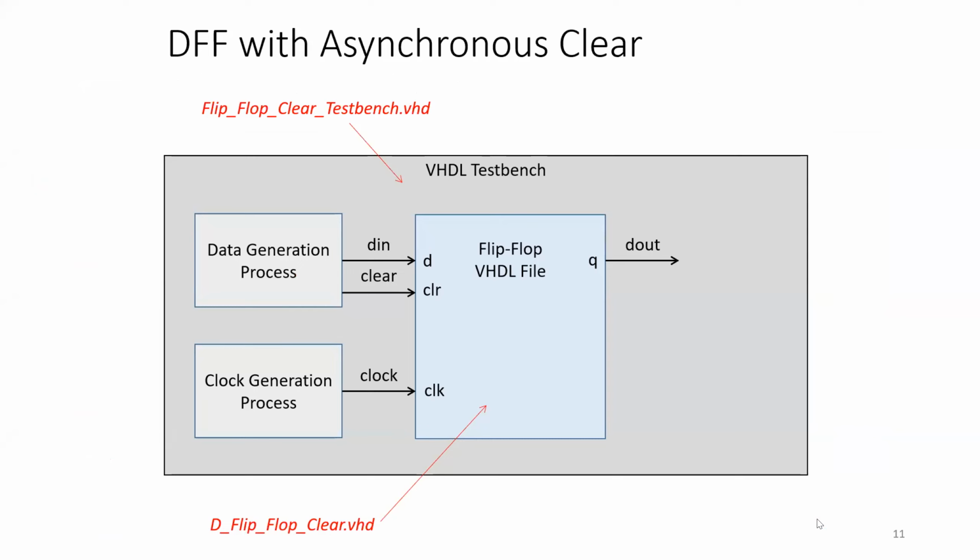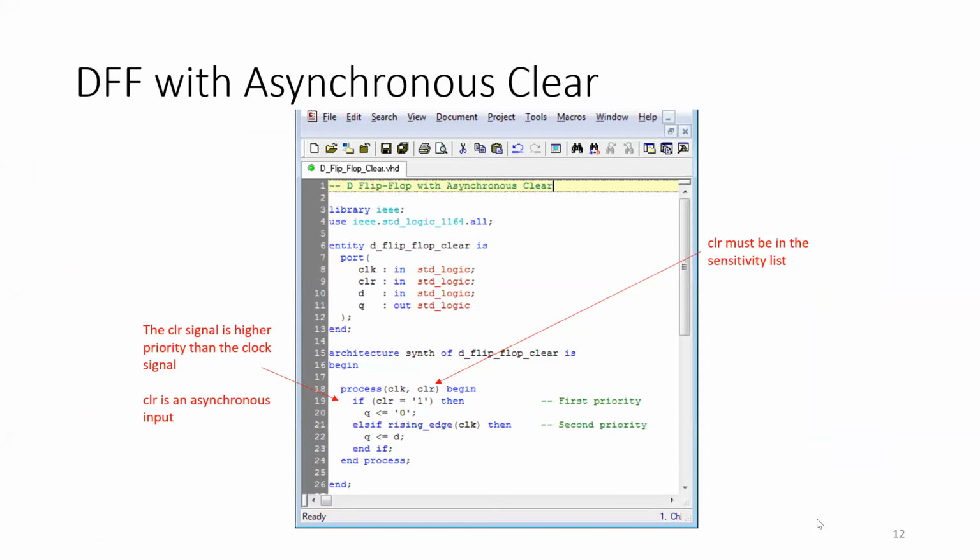That is D flip-flop with asynchronous clear. This clear is tied to the clock. This is the one you made already. And here in my process, I put clock and clear. This is from homework 1.